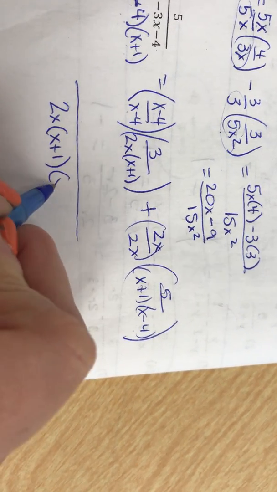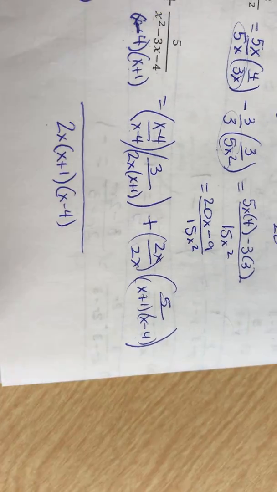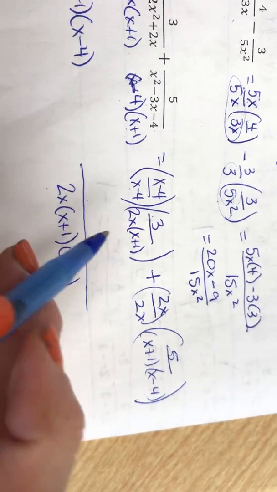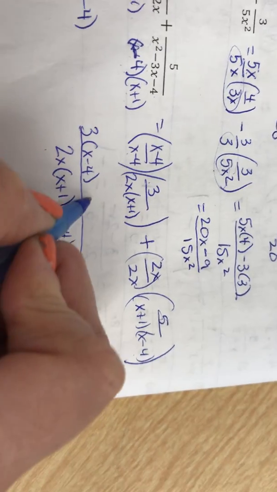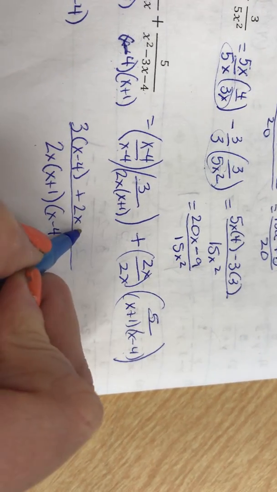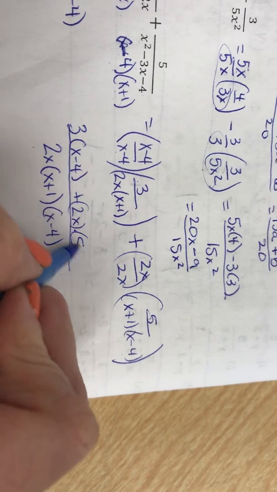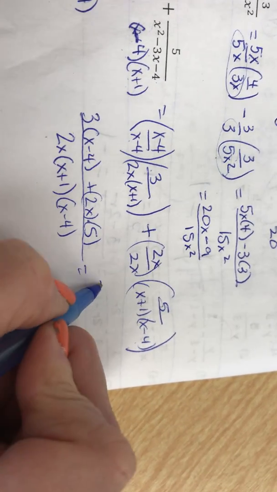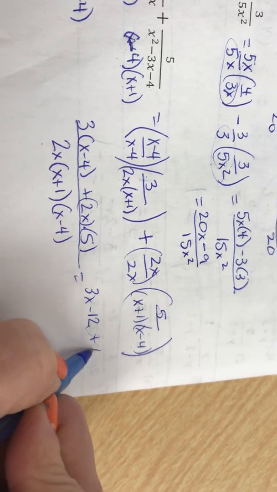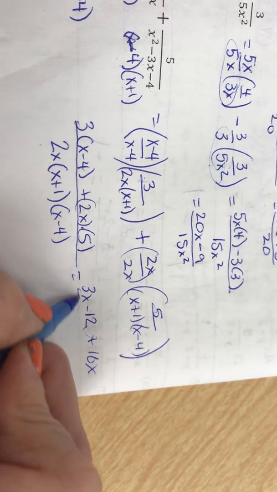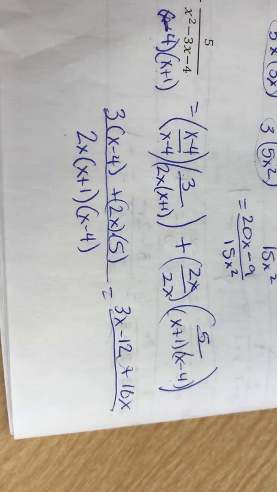Order doesn't matter in multiplication. I just always put a monomial first. And now this is saying 3 times x minus 4 plus 2x times 5. So that is really 3x minus 12 plus 10x over that same denominator.